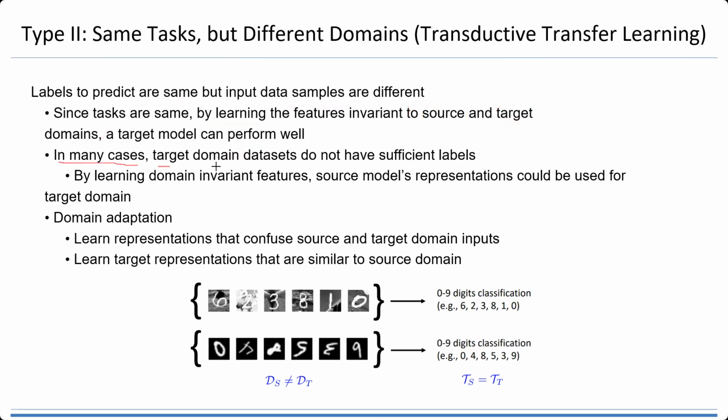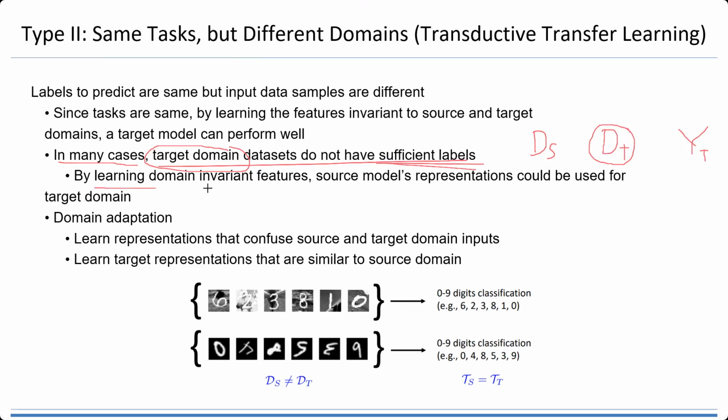In many cases, the target domain dataset does not have sufficient labels. So the target domain means we have the DS, we have the DT. The target domain does not have sufficient labels, so the Y on the target usually has very limited labels.